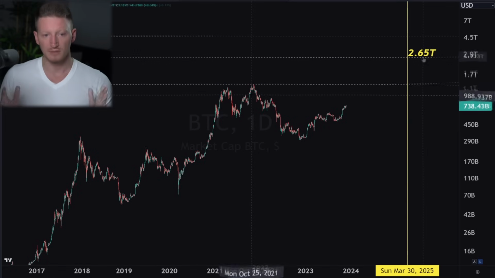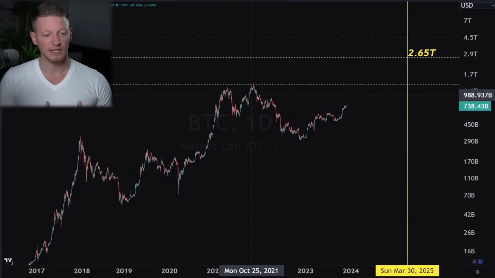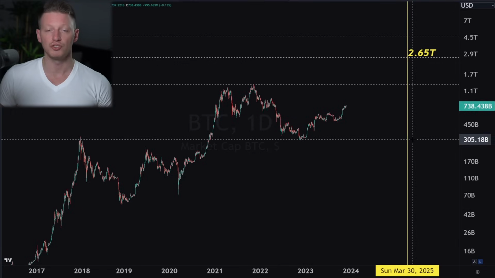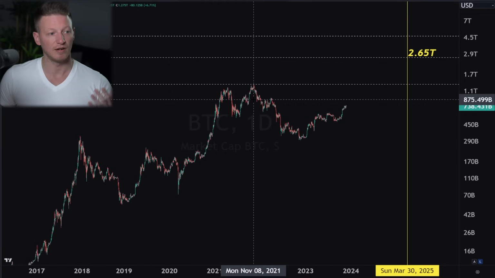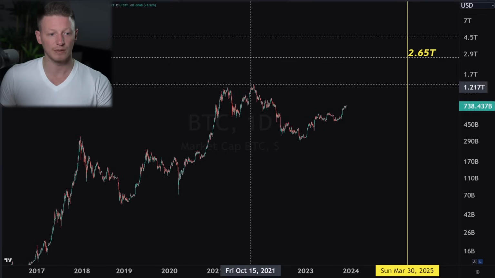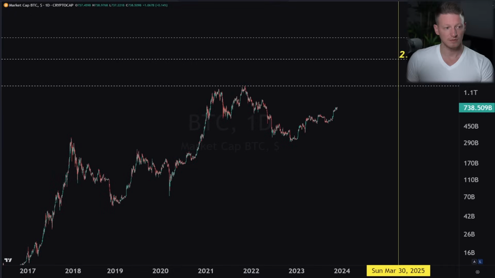First of all, if we look at that in terms of the Bitcoin market cap, that gives us a number of around 2.7 trillion. So 2.65 trillion, right? In this cycle, you'll recall that we hit a peak market cap of just around $1.3 trillion.